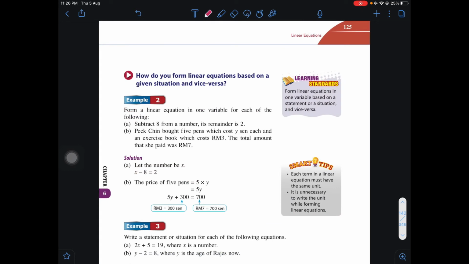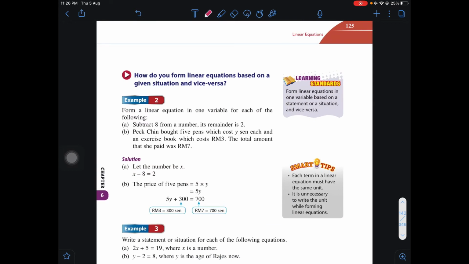Okay, continue. How do you form a linear equation based on a given situation and vice versa? Okay, example 2. Form a linear equation in one variable for each of the following. Okay, for this one, it's given a sentence and then you need to form an equation. Equation means the one that has the equal sign. But this one, they give you a sentence.